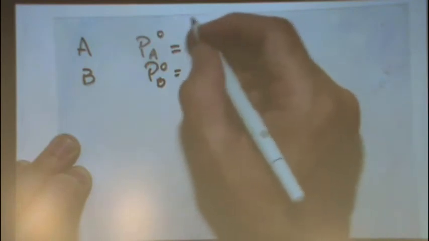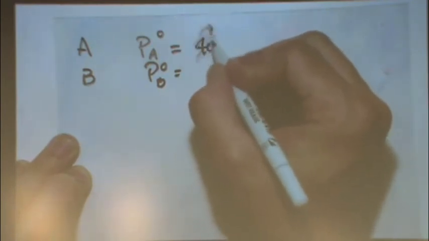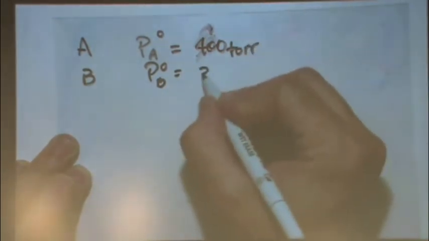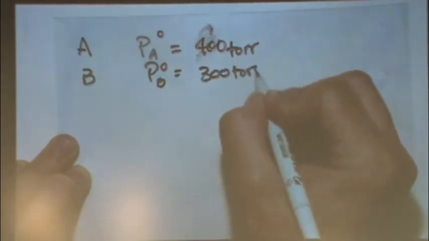Let's do a quick example. Let's say you have A and B. You would need the partial pressures of A and B. So let's say 400 torr and 300 torr, something like that.